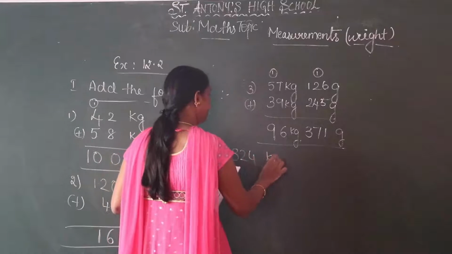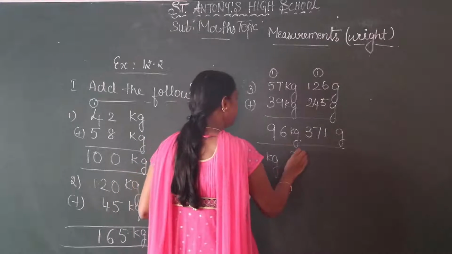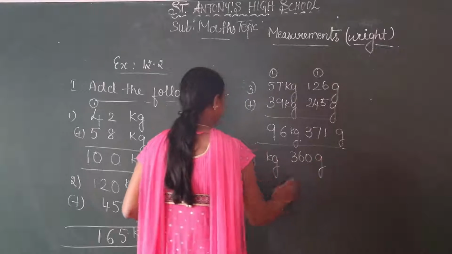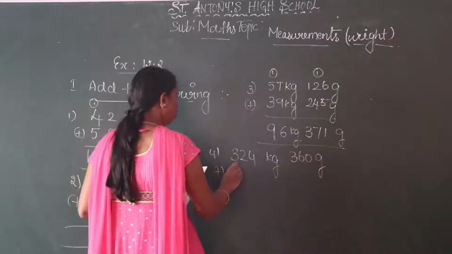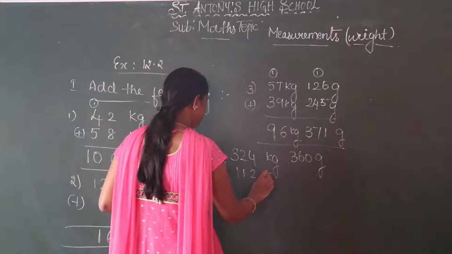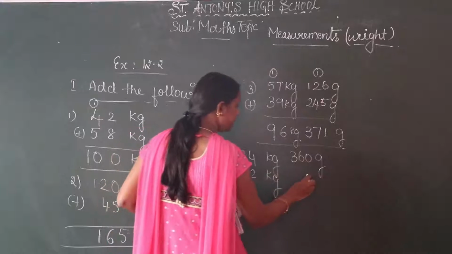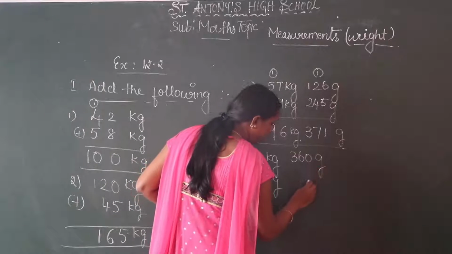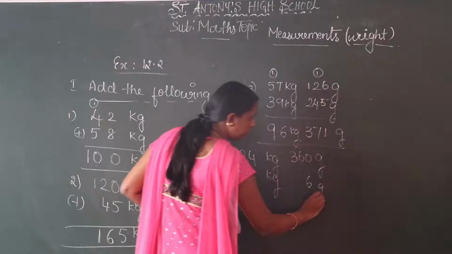Fourth one, 324 kg 360 gram plus 112 kg 6 gram. So write below in the unit place.